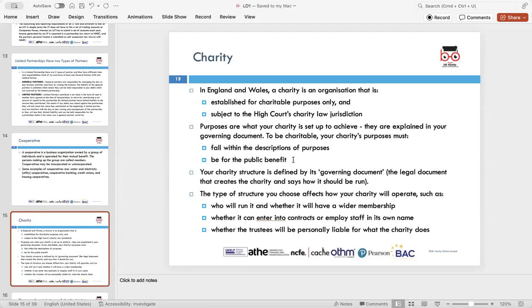The organization's structure is established by its governing document, which is the legal instrument that established the charity and specifies the manner in which it should be managed.